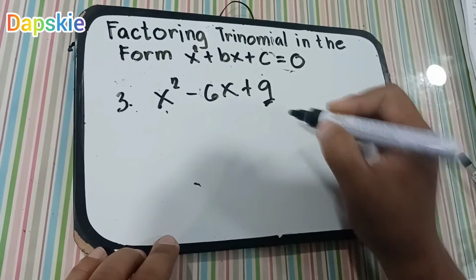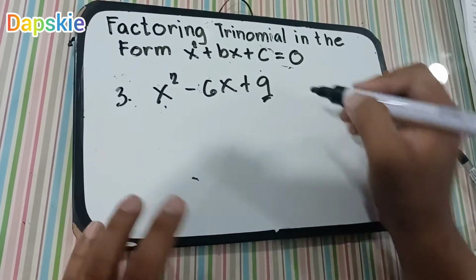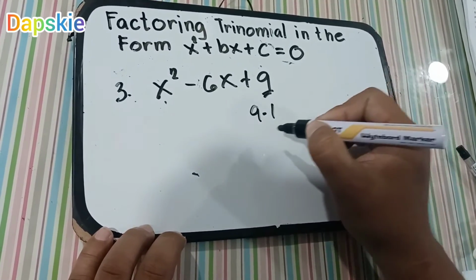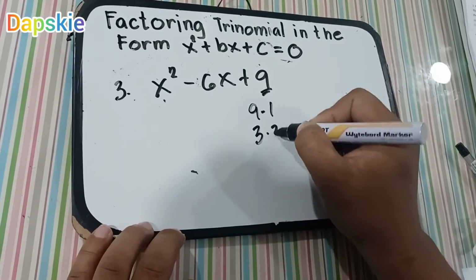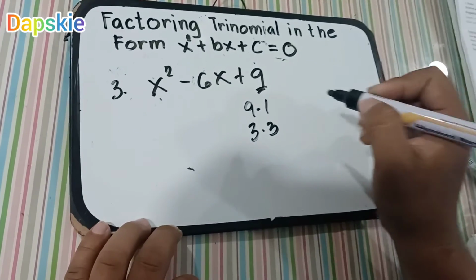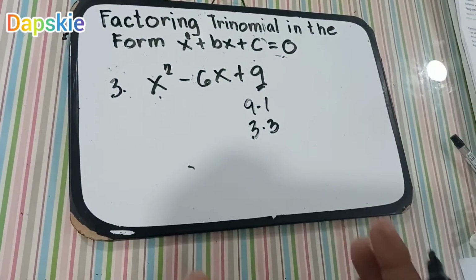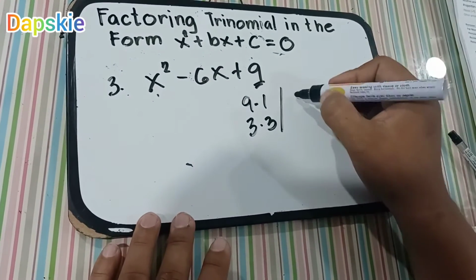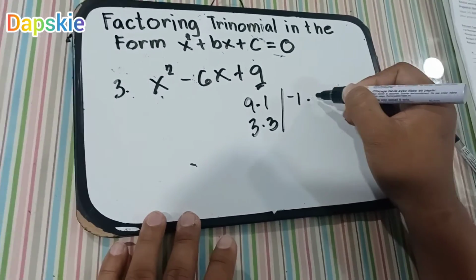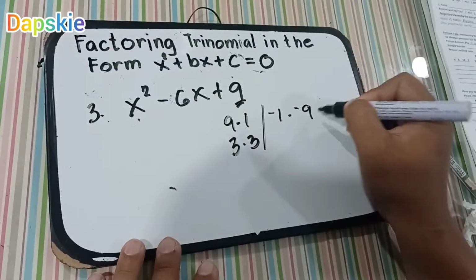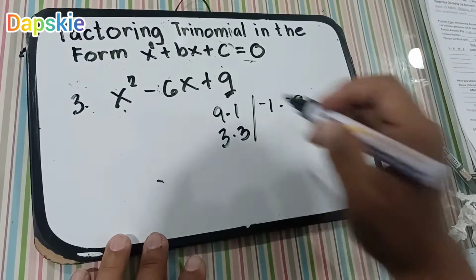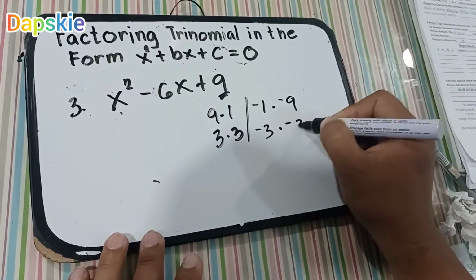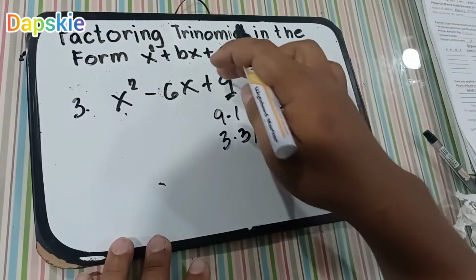What are the factors of 9? It could be 9 times 1 or 3 times 3. Or negative 1 times negative 9, which is positive 9, and negative 3 times negative 3, which is positive 9.